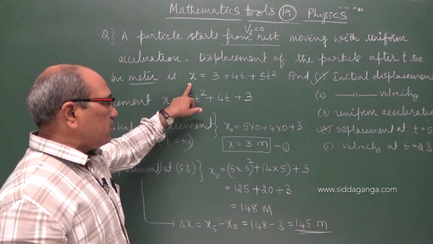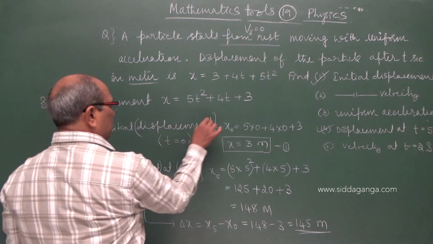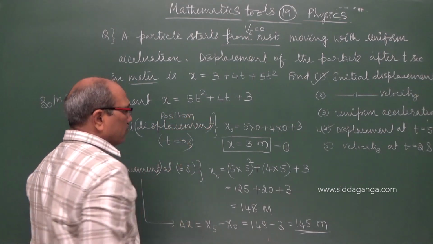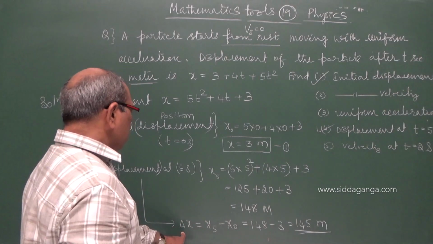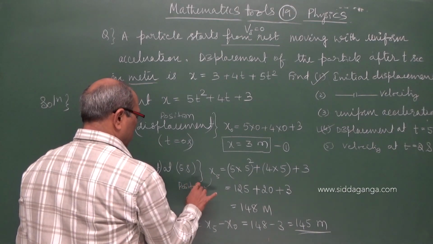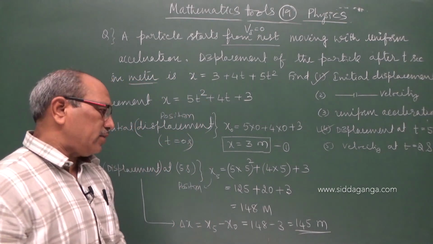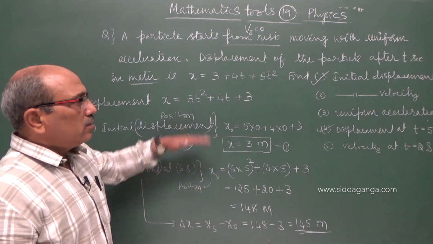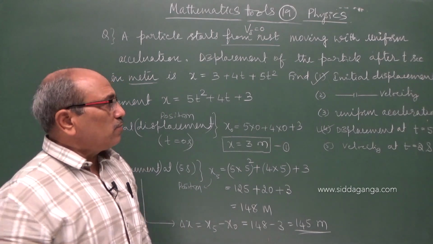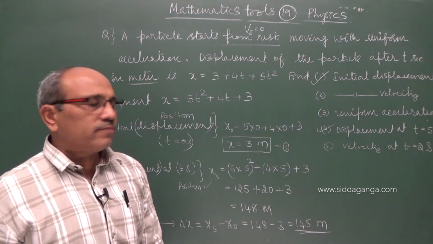The initial position x naught is 3 meters. Rather than calling it displacement, it is better to call it the position of the particle, and hence the displacement you got is 145 meters. Combined, these are the initial position and the displacement at 5 seconds.